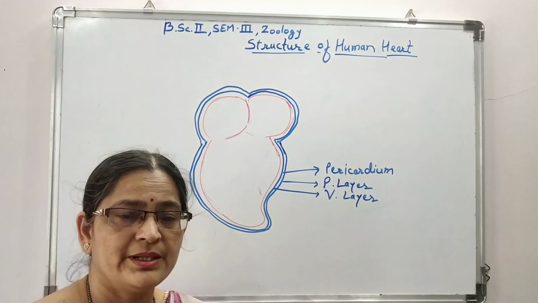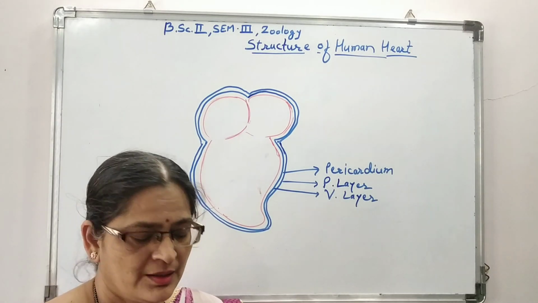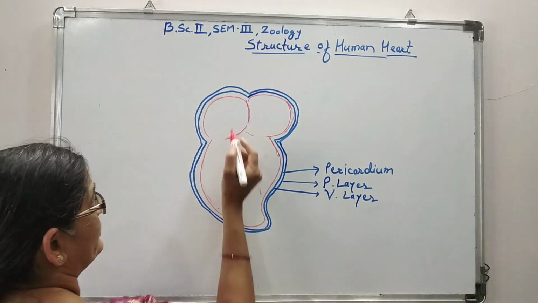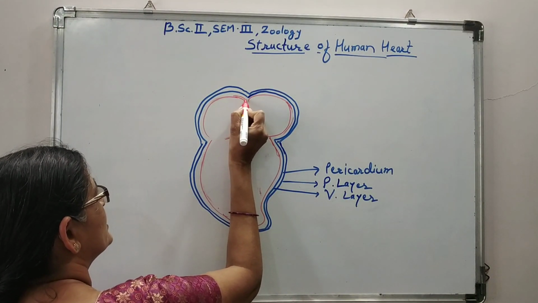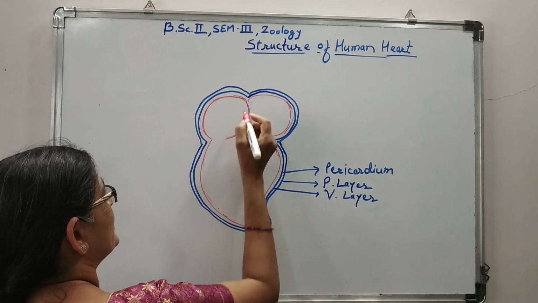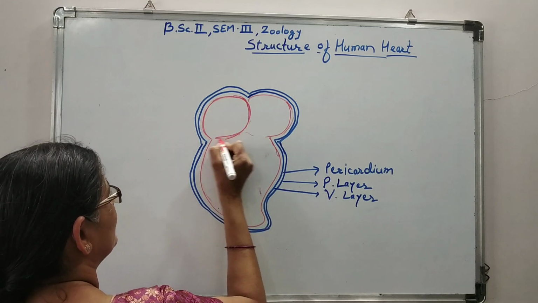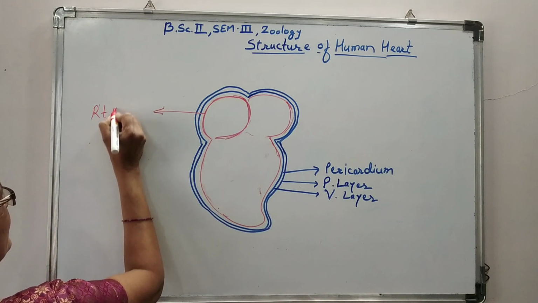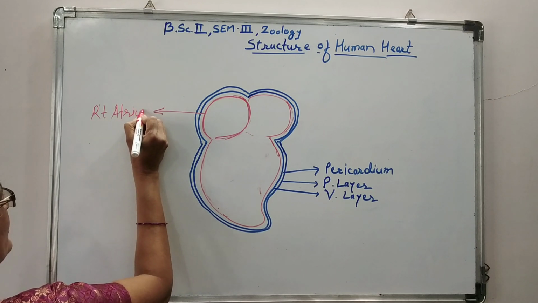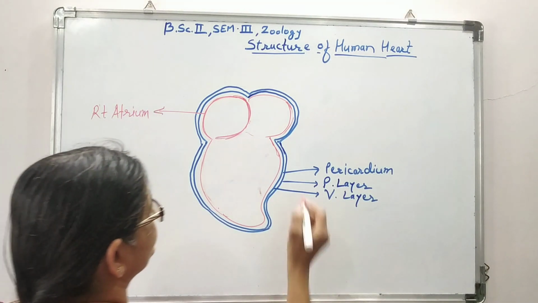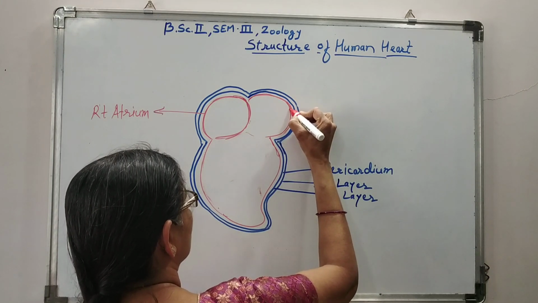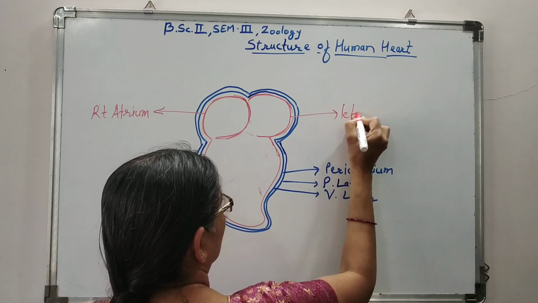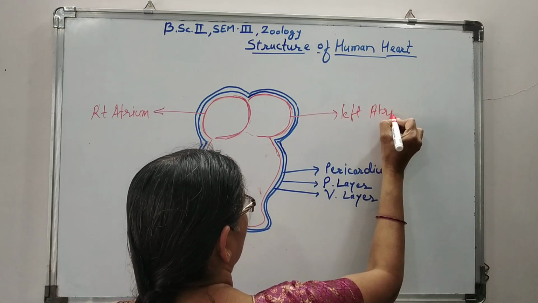The human heart is made up of 4 chambers. The upper chambers are known as auricle or atrium. This is the upper chamber which is present on the right side. It is the right atrium or right auricle, and this upper chamber is the left atrium.